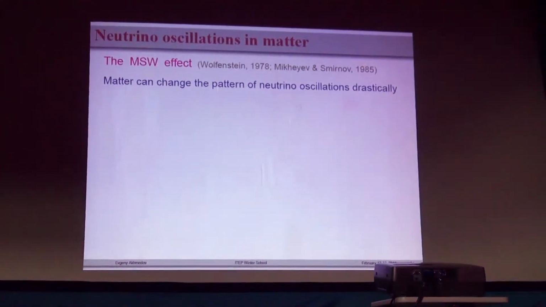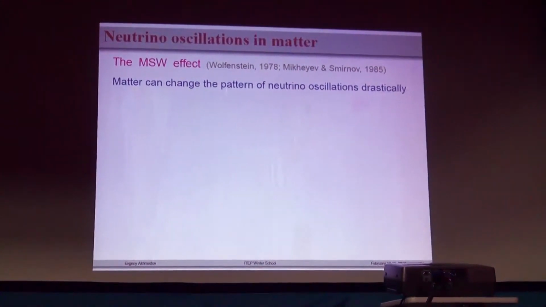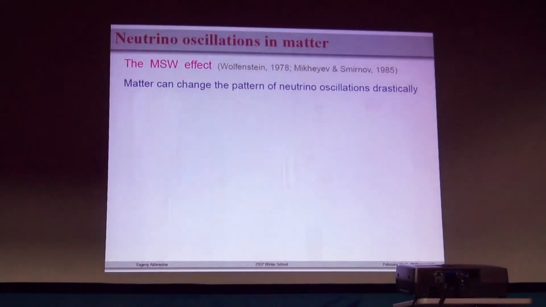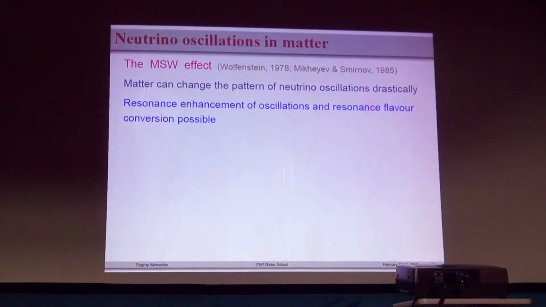This was discovered by Mikheyev and Smirnov in '85, and they based their work on the previous paper by Wolfenstein, which laid the basis for this kind of description. And it turned out that matter can change the picture of neutrino oscillations in a very significant way.